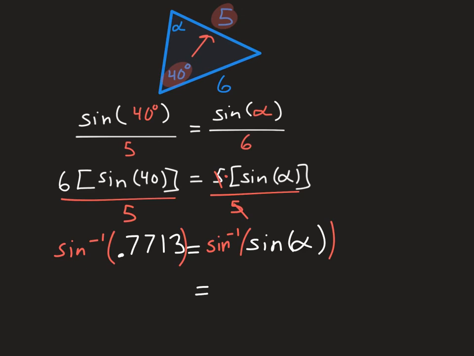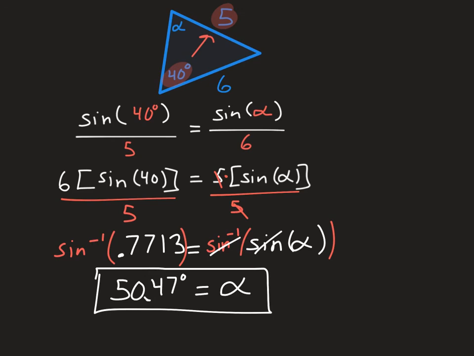So here on the right side, my inverse sine and my sine cancel, I have just alpha. And on the left side, I get 50.47. So 50.47, that's an angle, so I'm going to say degrees. So 50.47 degrees, maybe around 50 or 51 degrees.